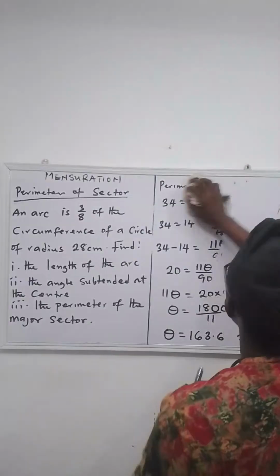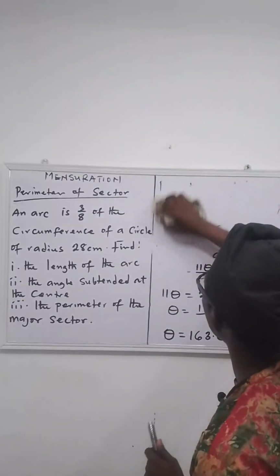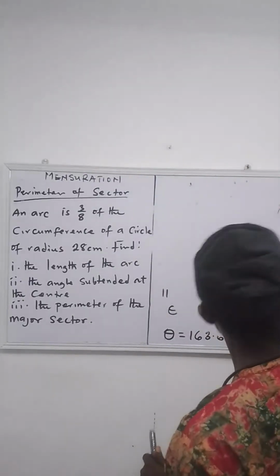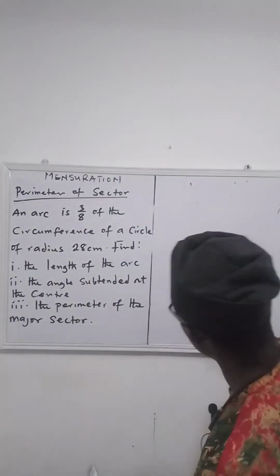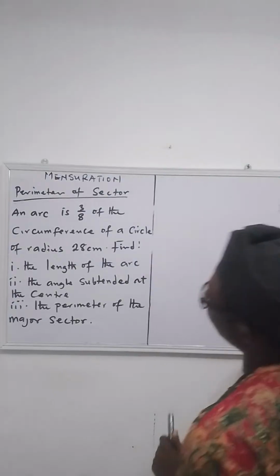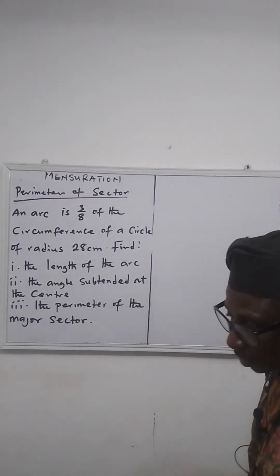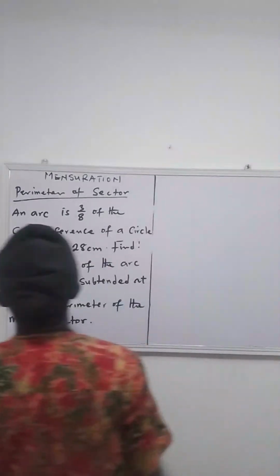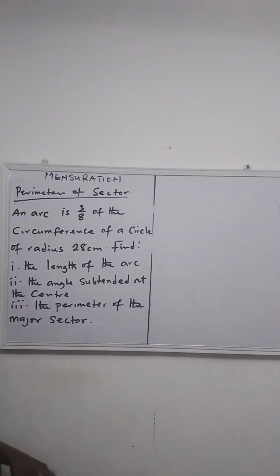Okay, here's another question. Can we read the question and let's find a way to get the answer to that problem. Now, an arc is 3/8 of the circumference of a circle of radius 28 centimeters.